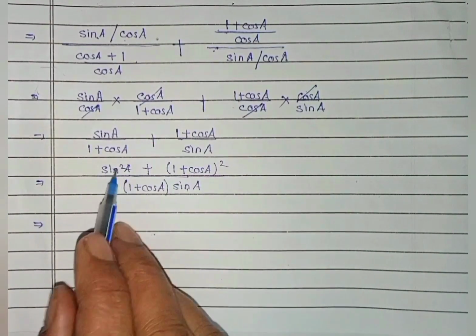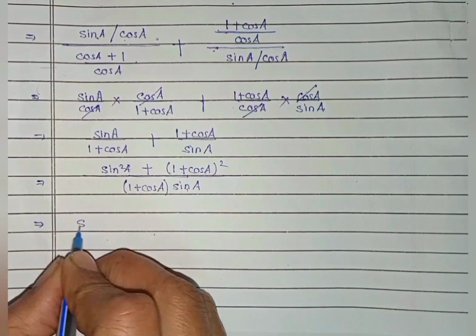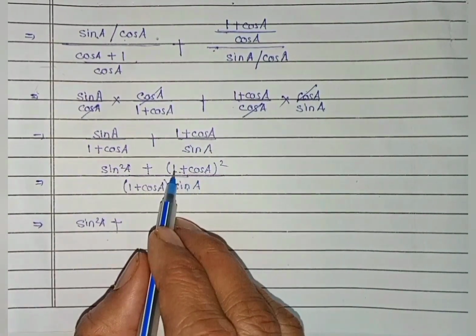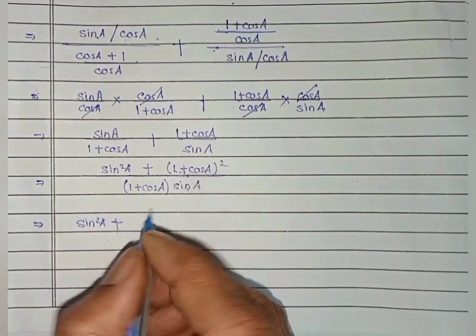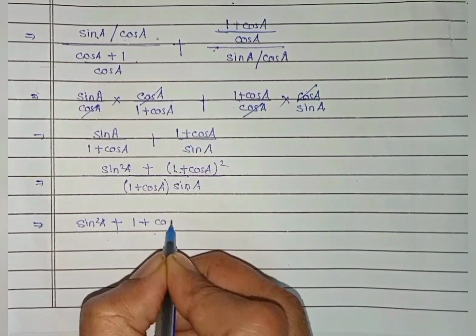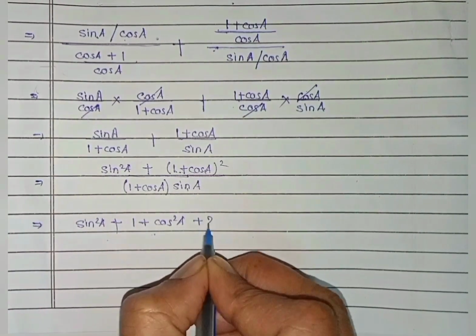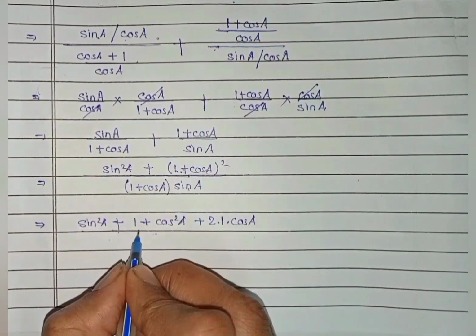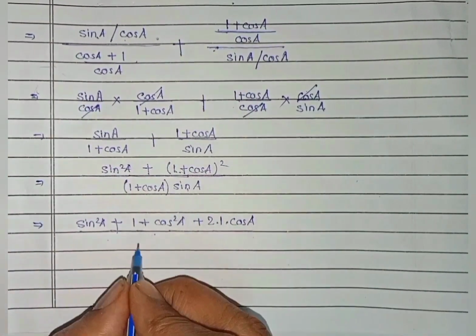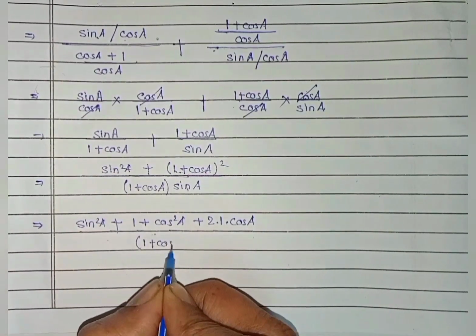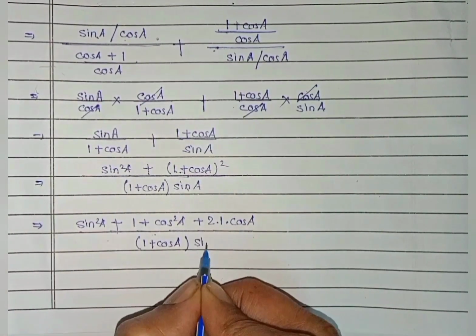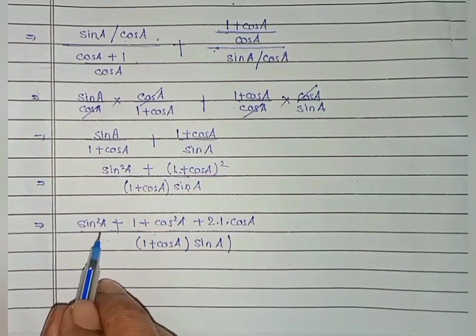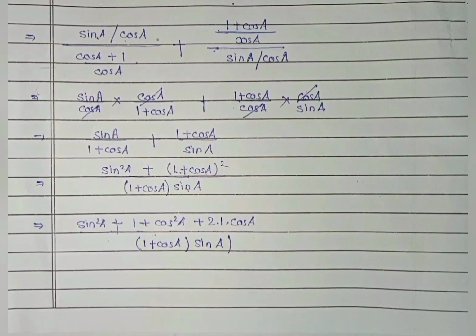Now in the numerator place, let us open this bracket, so you are getting sine square plus, now when you open this bracket, this will be opened with a plus b whole square, so 1 plus cos square plus 2 into a into b. In the denominator place, let it be written as it is, 1 plus cos A into sin A. Now in the numerator place, see what you will do.